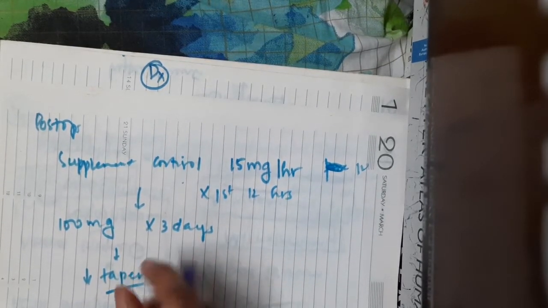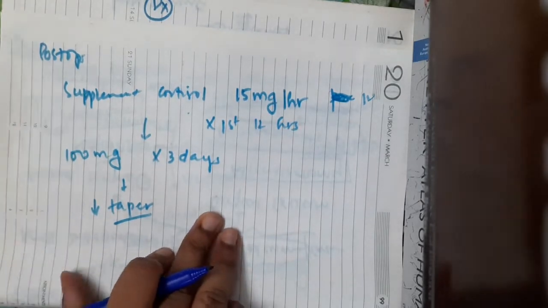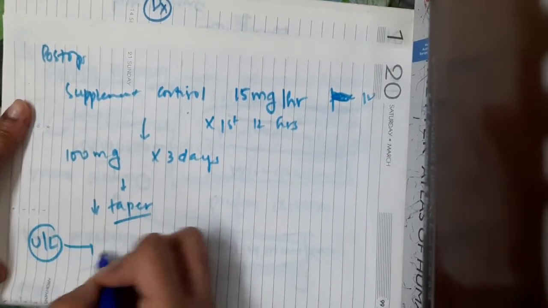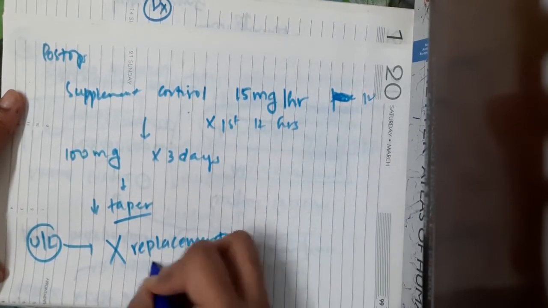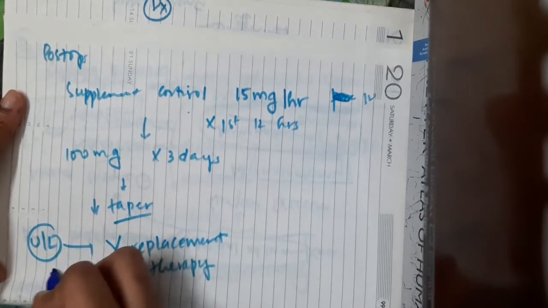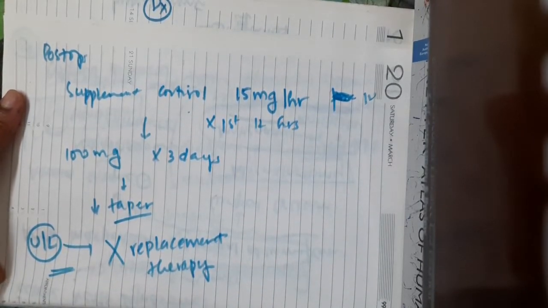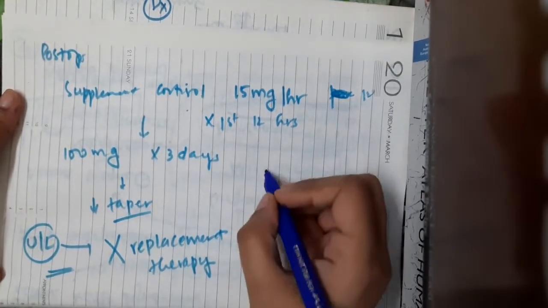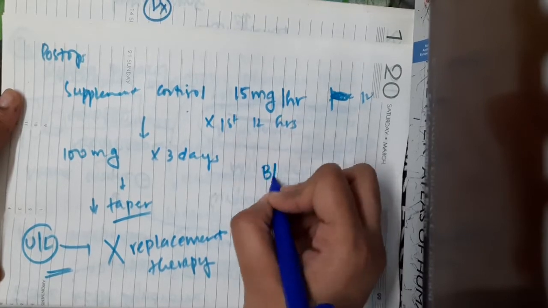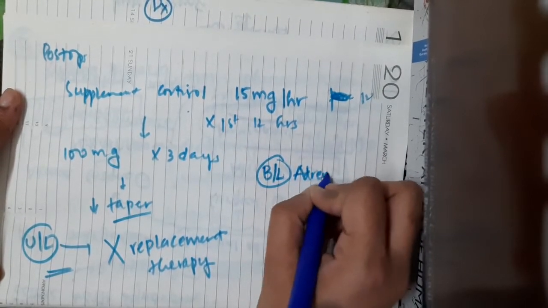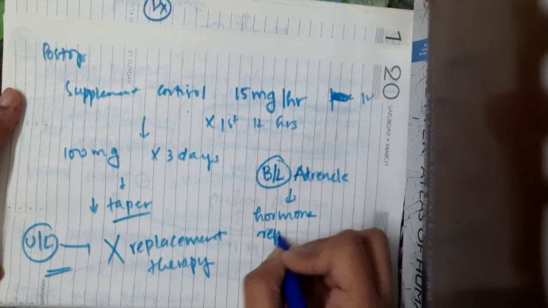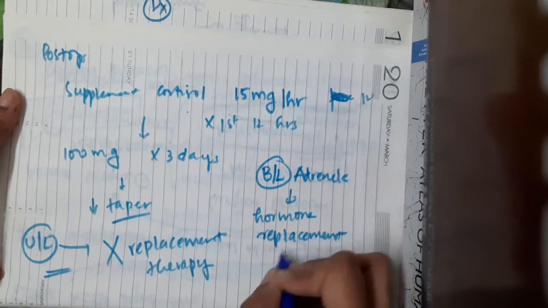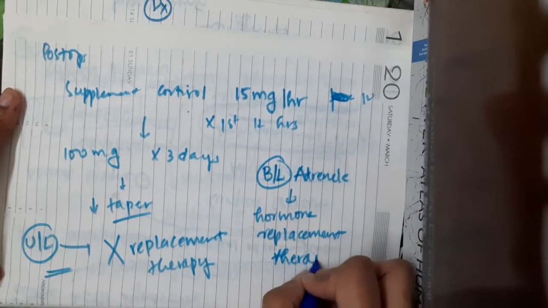If you do a unilateral adrenalectomy, it's fine and replacement therapy is not necessary, because the other adrenal gland will work and produce the required hormones and enzymes. But if we do bilateral adrenalectomy, then hormone replacement therapy is necessary.